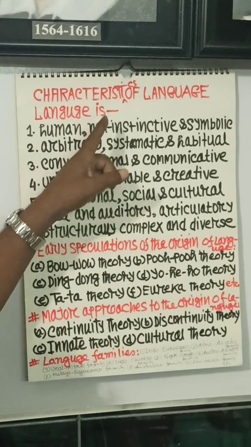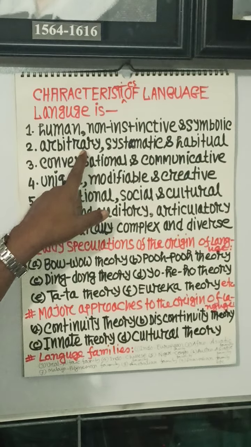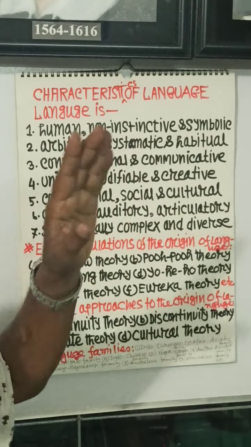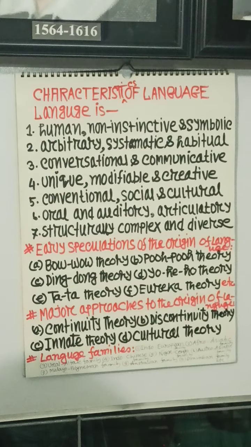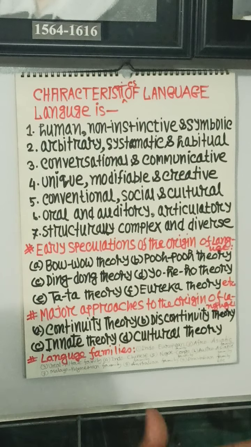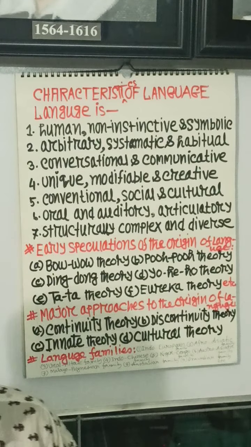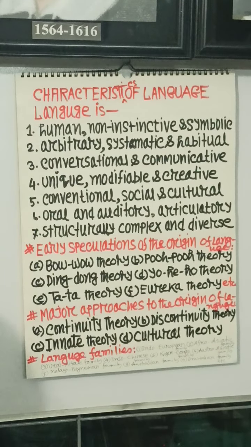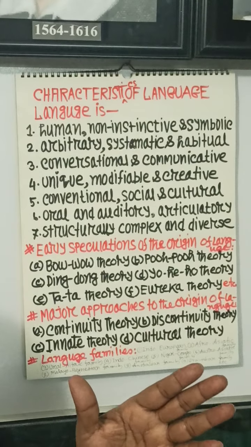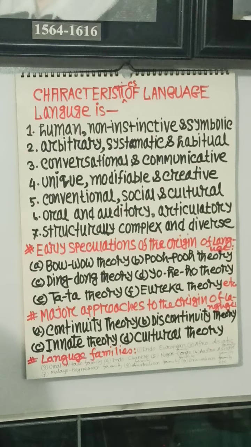Then, language is arbitrary, systematic, and habitual. Here are also three important aspects of language. Firstly, it is arbitrary. By this, I mean that there is no inherent relevance between the words and meaning.